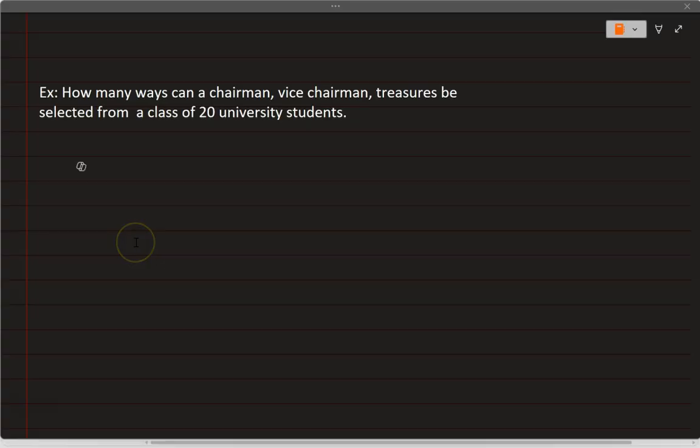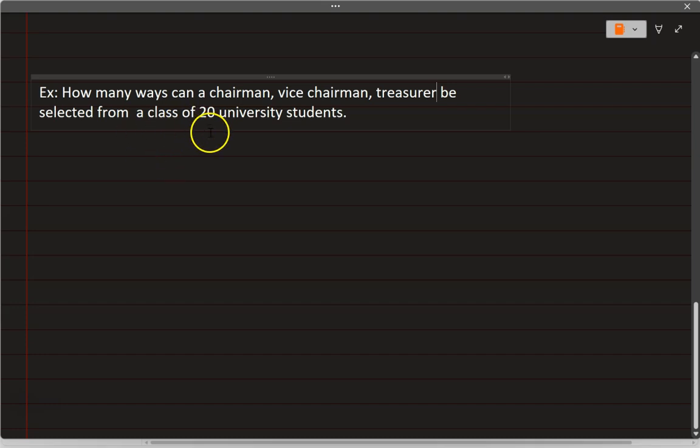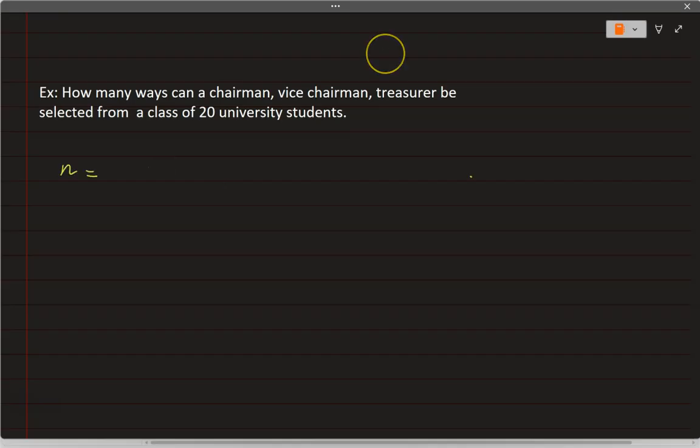All right, look at this question. How many ways can a chairman, vice chairman, and treasurer be selected from a class of 20 university students? So let's write up what we do know. N is equal to 20, R is equal to 3, because we have chairman, vice chairman, and treasurer.